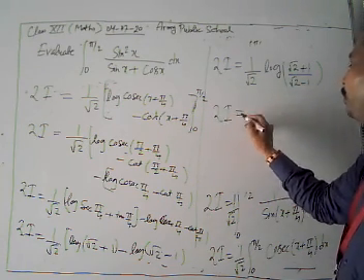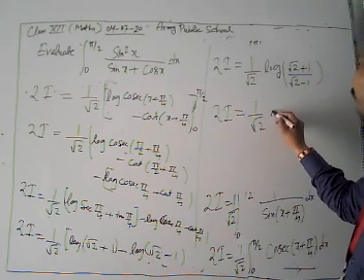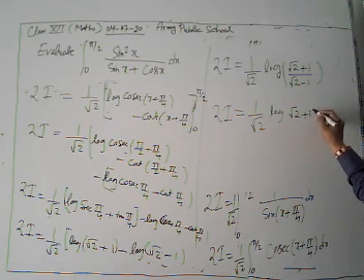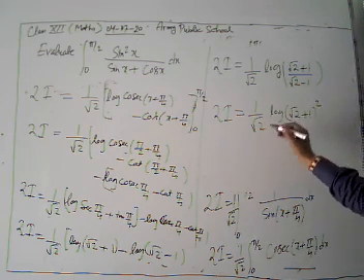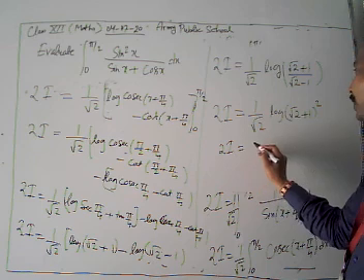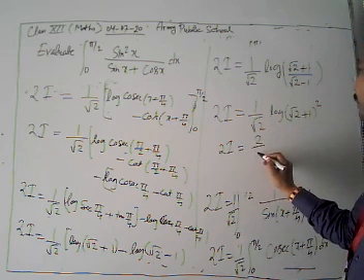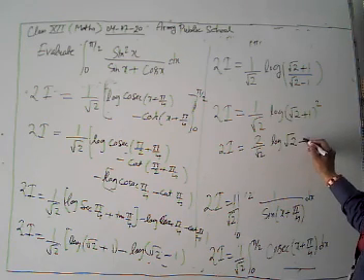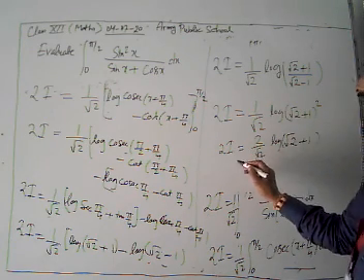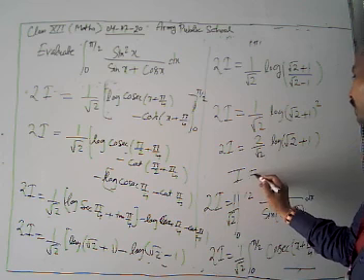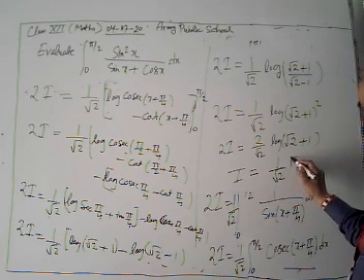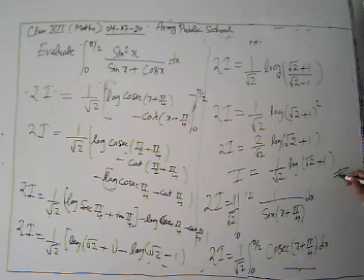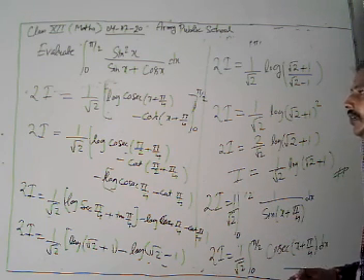After rationalization, 2I is equal to 1 by root 2 log of (root 2 plus 1) whole square. Then 2I is equal to 2 upon root 2 log of (root 2 plus 1). Cancelling out this 2, our I is 1 by root 2 log of (root 2 plus 1). This is our required answer.